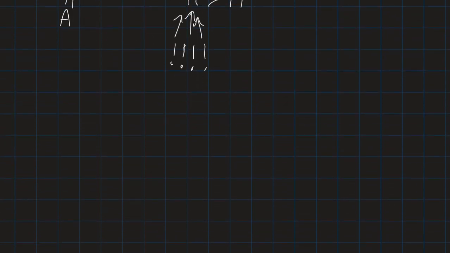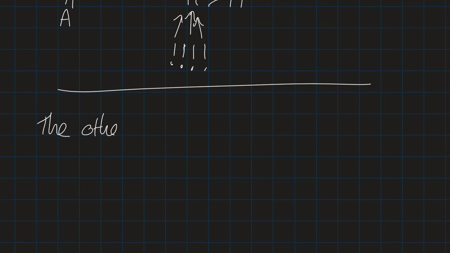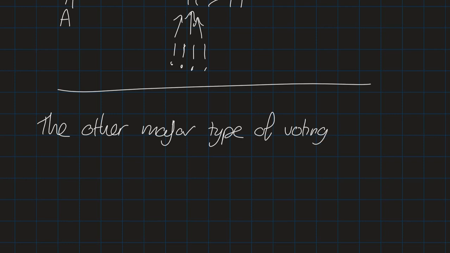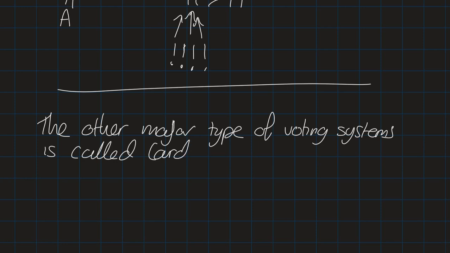So there are other types of voting system where you can convey magnitude. Okay, the other major type of voting system is called cardinal voting systems.